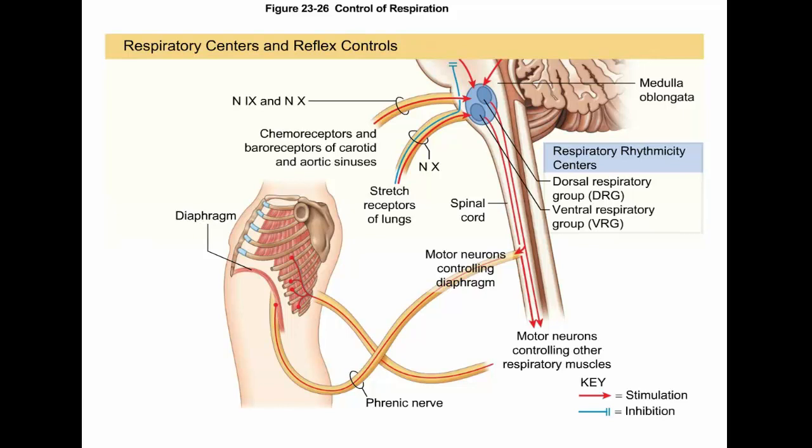Then you have the 10th nerve, which is located around the lungs, and that is involved in picking up the stretch receptors. Then off the spinal cord, you've also got motor neurons that are controlling the diaphragm. One of those is the phrenic nerve. So you can see that there's a lot of involvement of nerves for breathing.